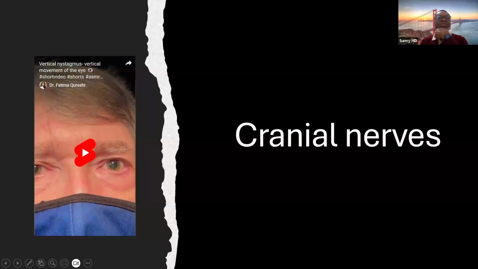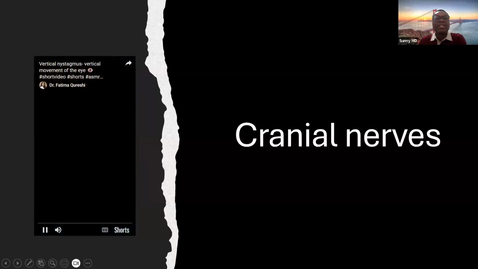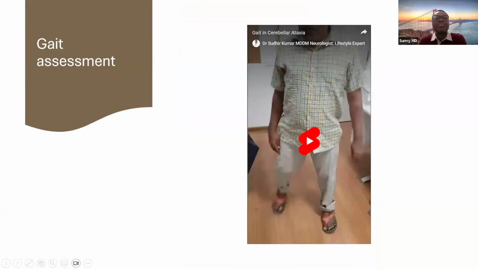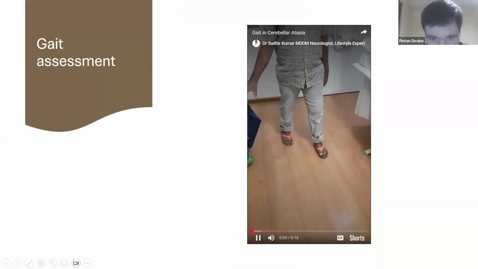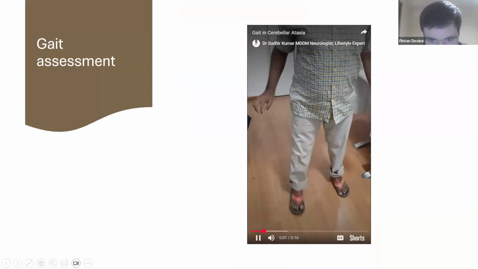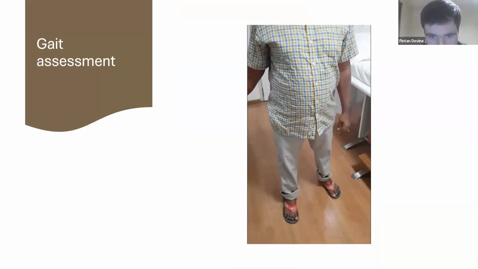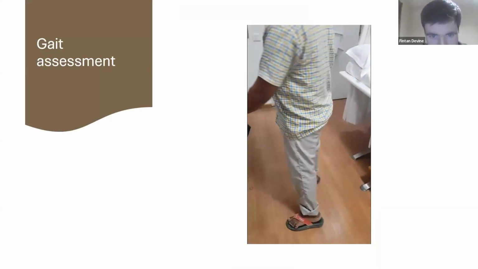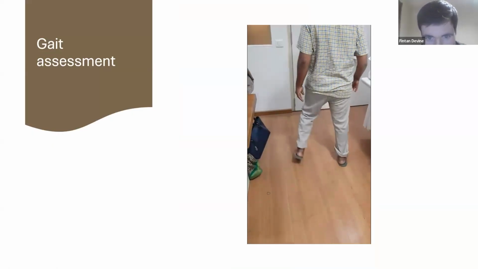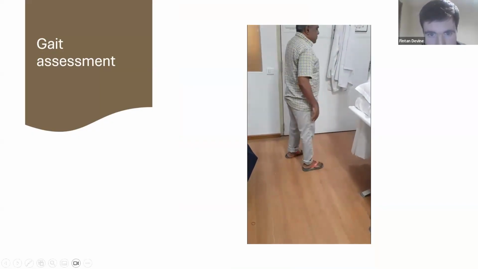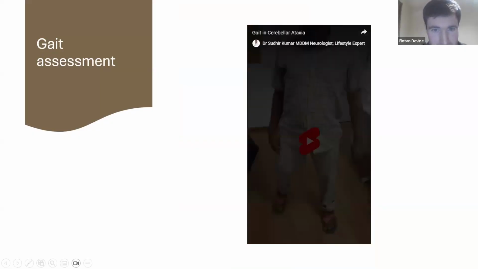That's the movement, if you want to see the movement. When I'm looking at that, I think he's got quite a broad-based gait, and it looks as though the power in both legs is fairly equal.